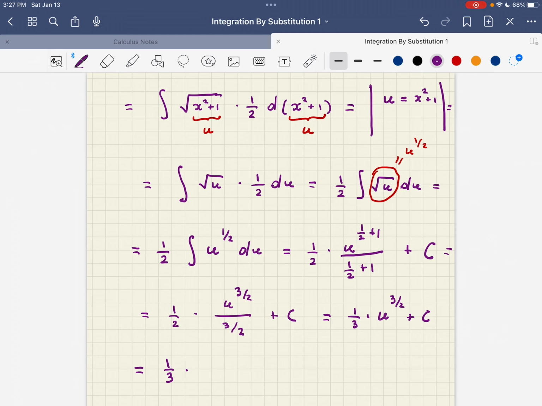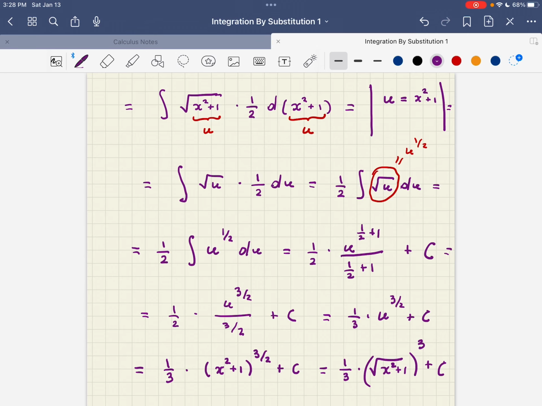And so we get 1/3 times x squared plus 1 to the power 3/2 plus c. And we can leave our answer like this, or we can also rewrite the power x squared plus 1 to the power 3/2 using a radical if we want. So 1/3 times square root of x squared plus 1 all raised to the power 3 plus c.